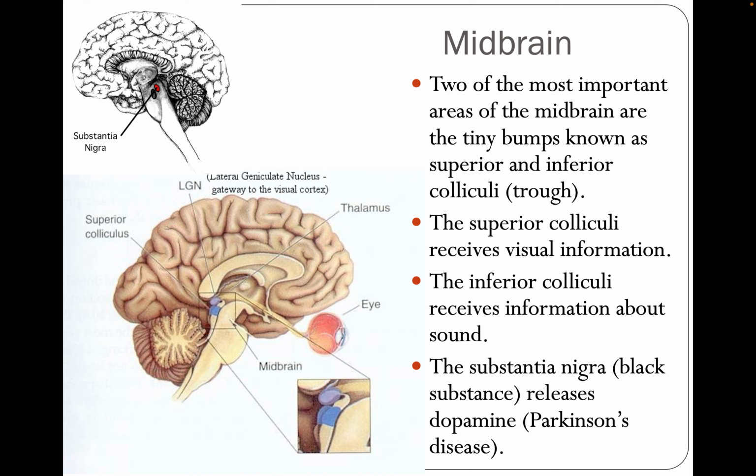The substantia nigra, which means black substance, releases dopamine. If it has too much dopamine, it causes schizophrenia. If it releases too little dopamine, it causes Parkinson's disease. As you can see, the substantia nigra is really just tiny patches. And here are the superior and inferior colliculi right here.